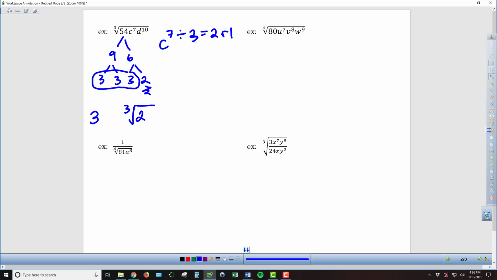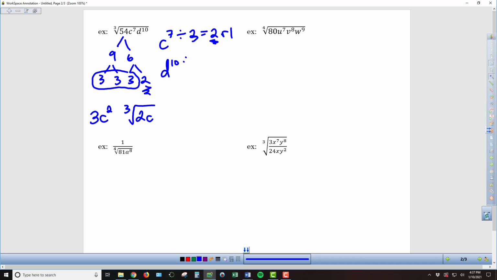And so what that means is, in my simplified expression, I'm going to be able to get a c squared on the outside. That accounts for the 2 that I got here, but I'm going to have a remainder of 1, so that means I still have a c to the first, or just c, that's left over underneath the radical symbol.